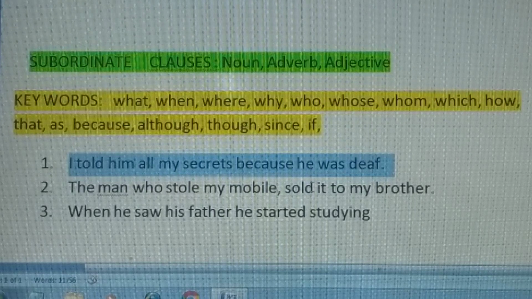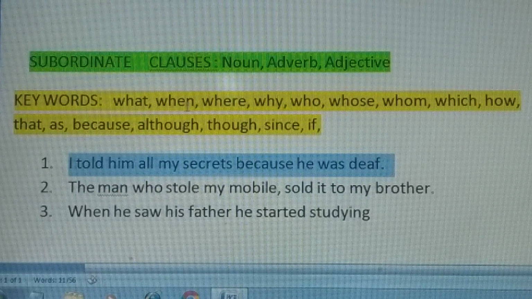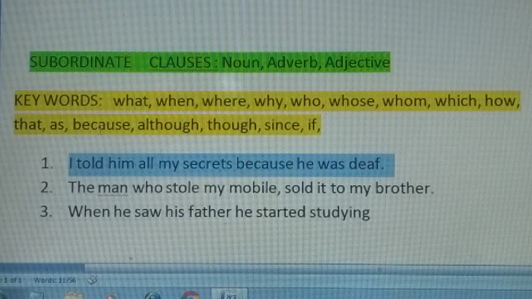Now you have to just find out whether there is any word in this sentence which is from this list of keywords. We see because here, and let's see whether because is there. Okay, it's here.